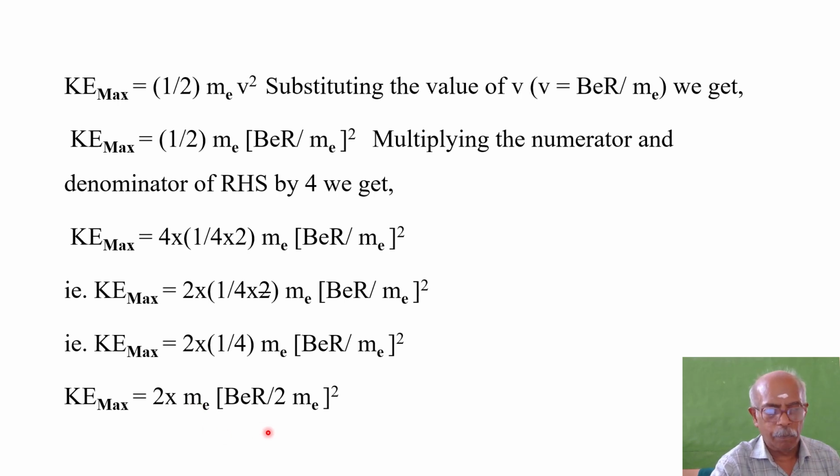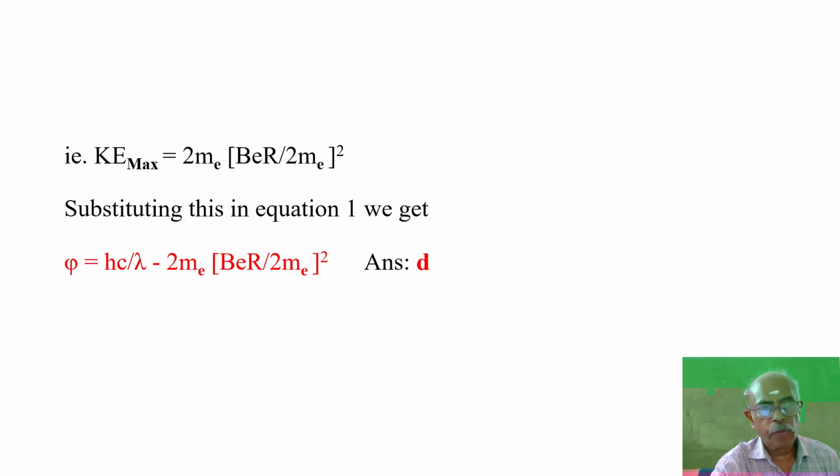If it is 2 inside, when it comes outside the square, it becomes 4. So KE max is equal to 2 m_e into (BeR by 2 m_e) the whole square. So now we have found the value of KE max. What is the equation for the work function of the metal? Phi is equal to hc by lambda minus KE max.